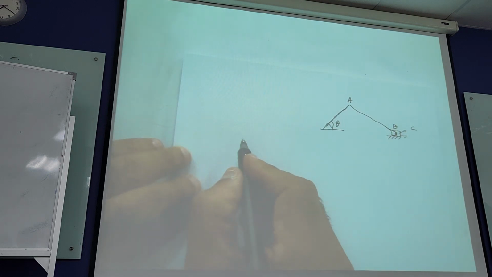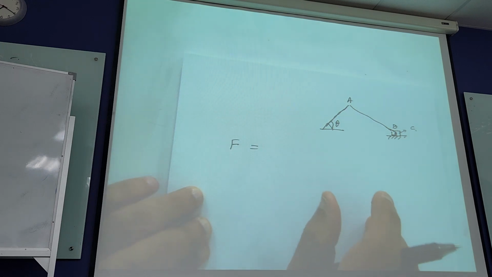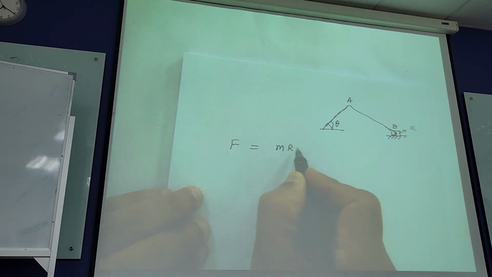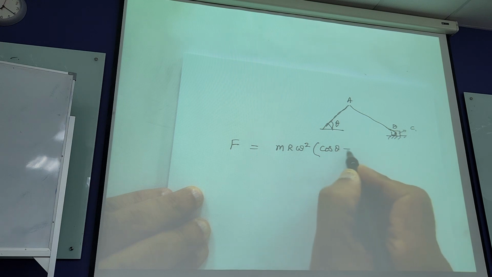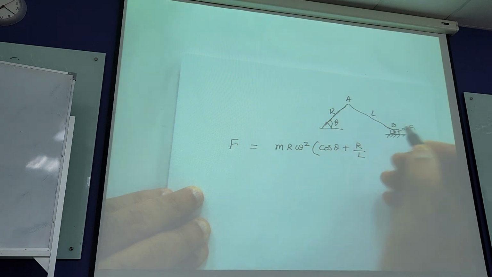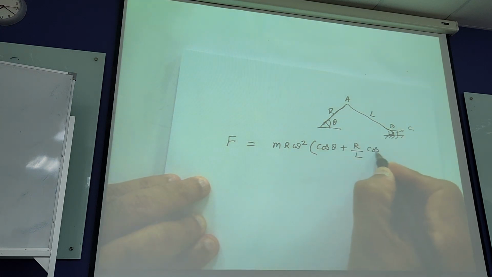In this case, the force acting on the piston in the cylinder, you can write as m r omega square into cosine theta plus r over L into cosine 2 theta. Here r is the length of the crank and L is the length of the connecting rod.